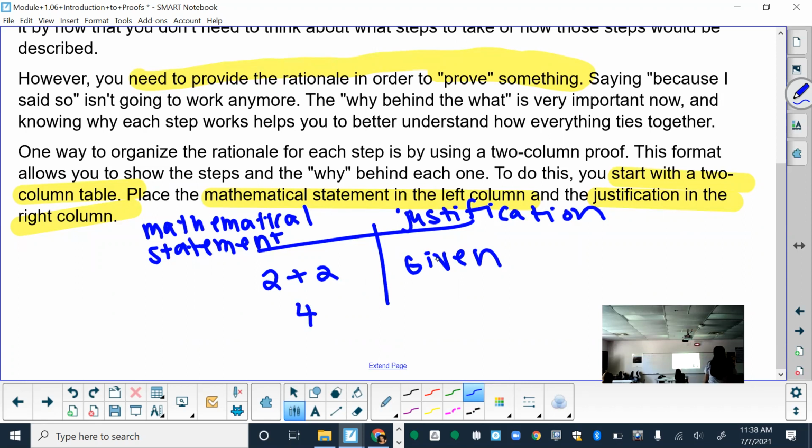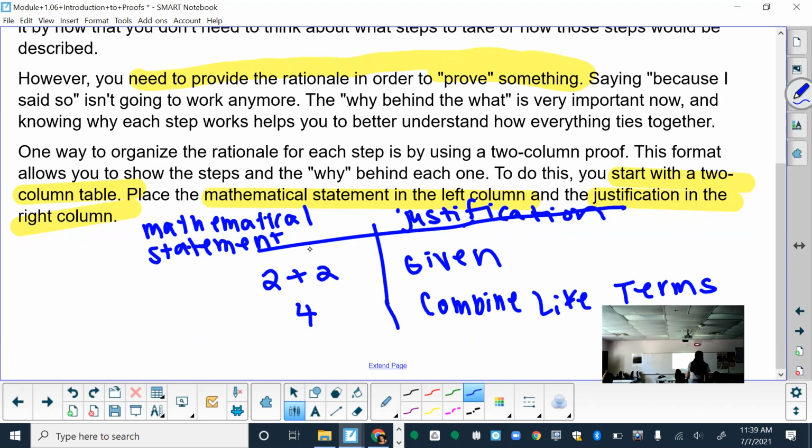All right, and maybe the justification for how you were able to condense that into 4 is combine like terms. All right, that's a really short example. Oops, I need to cross that out, but it's just showing you how usually numbers and symbols will be on the left side and sentences will be on the right side. Questions about that?